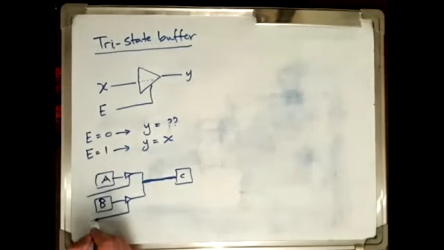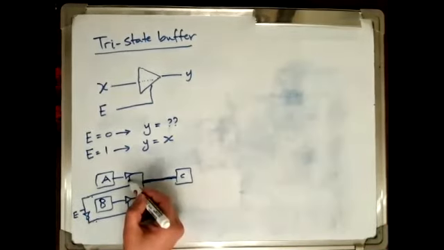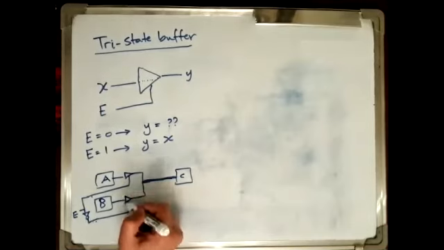So usually if we have 2 systems like this, we need 2 control signals, but simply here in this case, only one of these has to be 1. So we can say this is E, and we put here an inverter like this. This means that the control signal for this tri-state buffer is the opposite of this one. So one of these will be enabled at any instant of time.